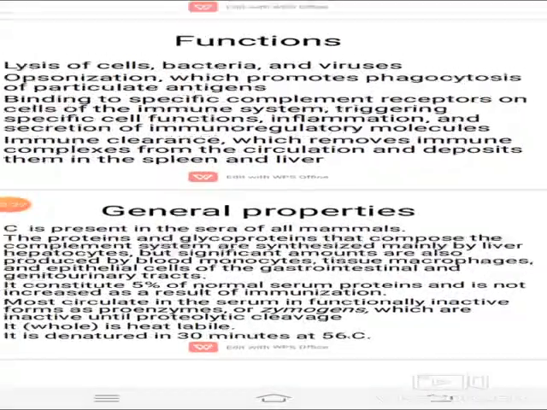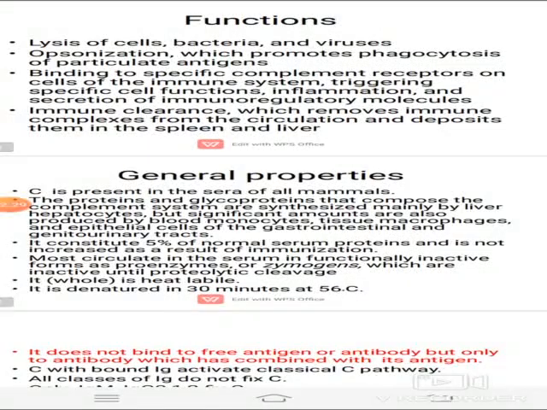Now the general properties. C means complement, and it is present in the sera of all mammals.